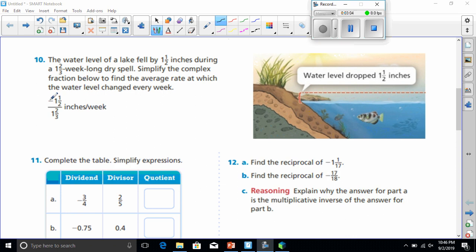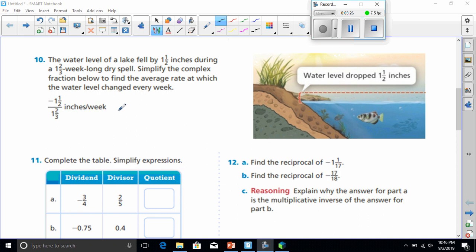Over here they show that they have negative 1 1/2 over 1 2/3 inches per week. So if we're going to find the average rate, we need to remember that every fraction is a division problem.